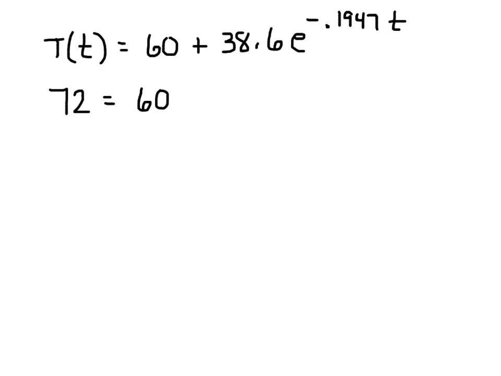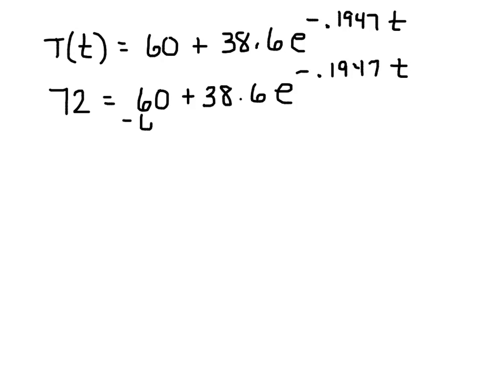So 72 is the temperature now, equals 60 plus 38.6 e to the negative 0.1947 t. So again, we're now going to figure out what t is. We're working backwards. It's been the same like this all the time.